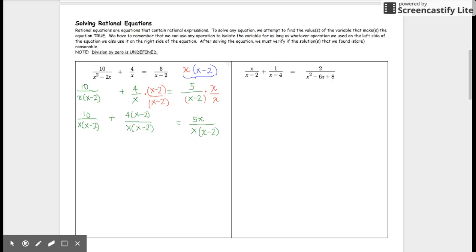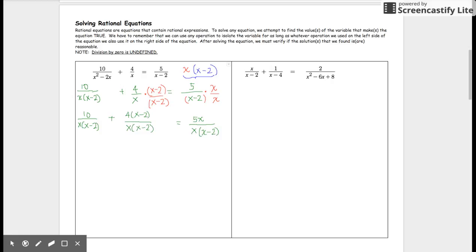But it's still not easy to solve this equation because the expressions look complicated. Now, what can we do here? Well, if these denominators disappear, then we will have a simpler equation. So, is there any way we can do that?